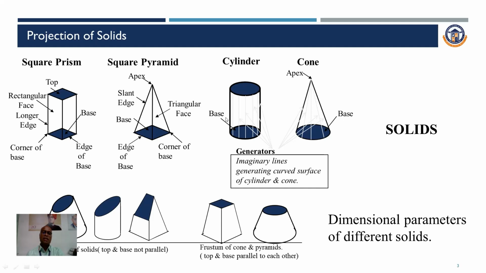The cylinder has only a base side, and the cone has an apex and a base. The generator is the imaginary line generating the curved surface of the cylinder and cone. Then the truncated solid is a section of a solid where the top and base are not parallel, with an inclined cutting surface.